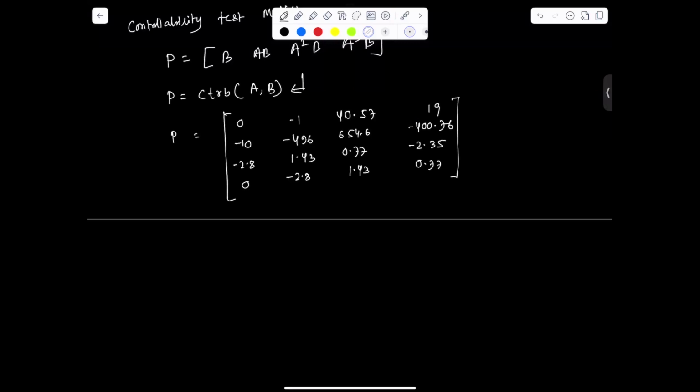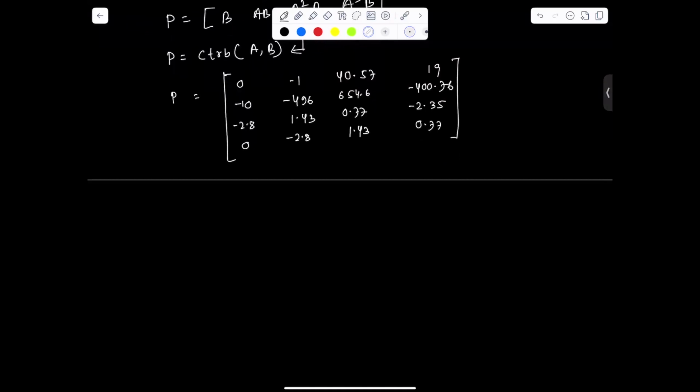This is the controllability matrix. So P has been found.